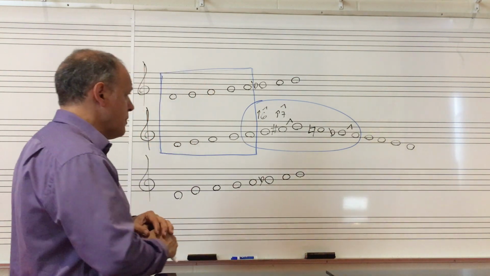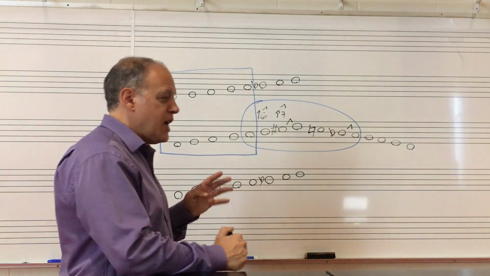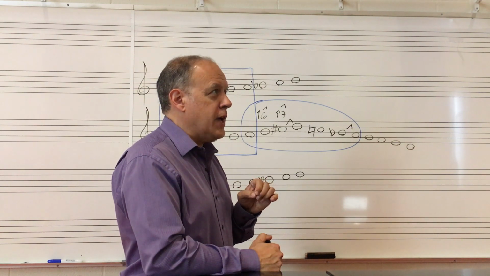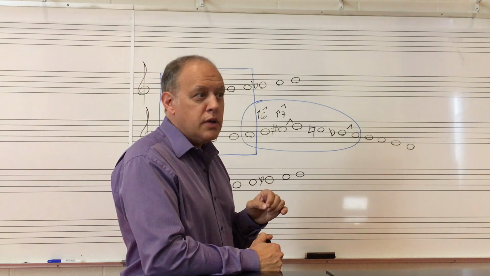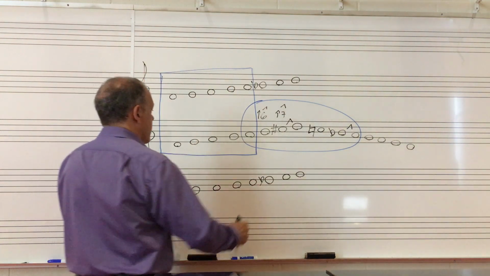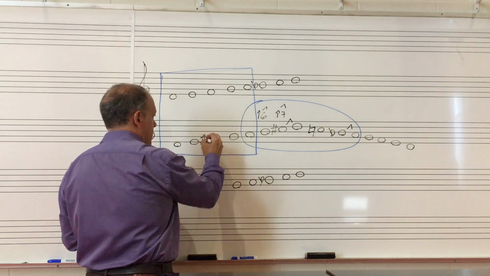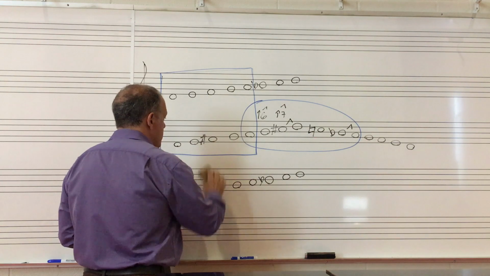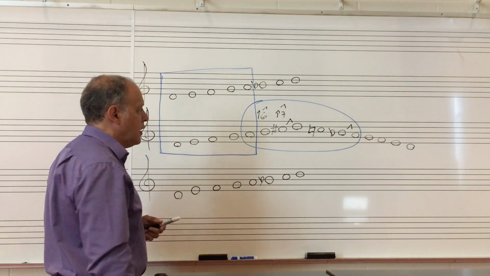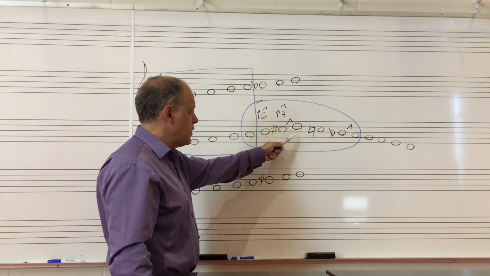And what I really like about it is that it's an extremely useful mode, because if you want to learn about a minor mode from a major, all you need to do is take your original major, which starts with this, remove that third from the major, and you have the foundation for this chromatically altered minor scale.